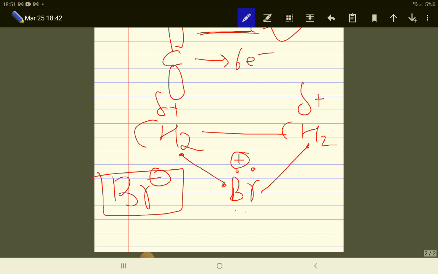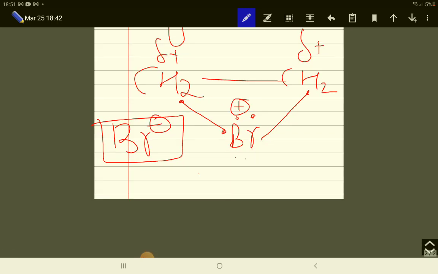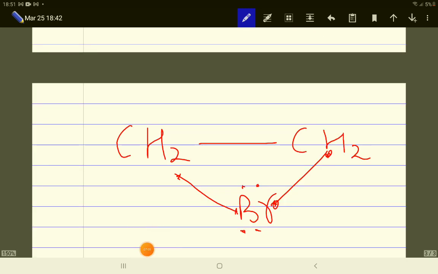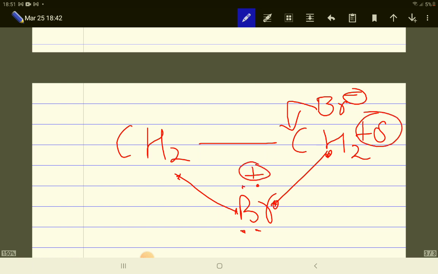Now what does this Br minus do? Let us see that in some more detail. It comes over here, Br minus comes over this part, and it attacks this carbon. I already told you that there was a partial positive charge on this carbon, and there was also some positive charge on this bromine as well.